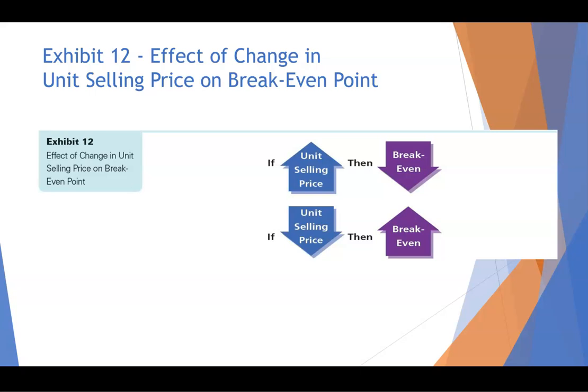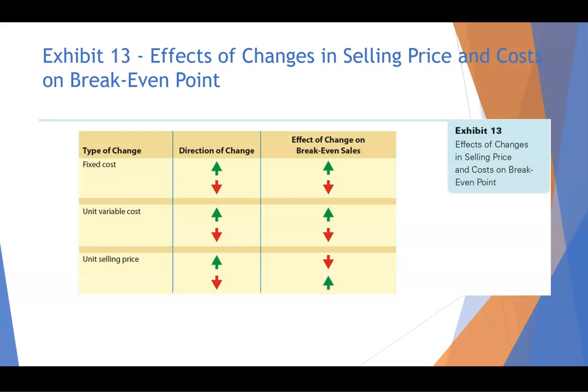Increases in the unit selling price decrease the break-even. Decreases in the unit selling price increase the break-even. So the break-even point in sales changes in the same direction as changes in the variable costs per unit and fixed costs. Also, the break-even point in sales changes in the opposite direction as changes in the unit selling price.